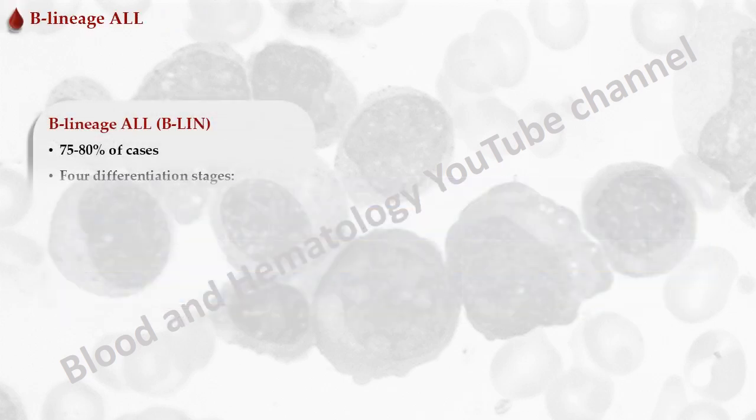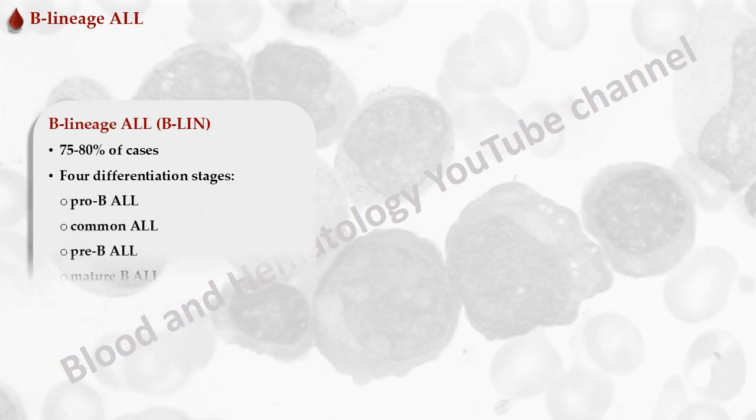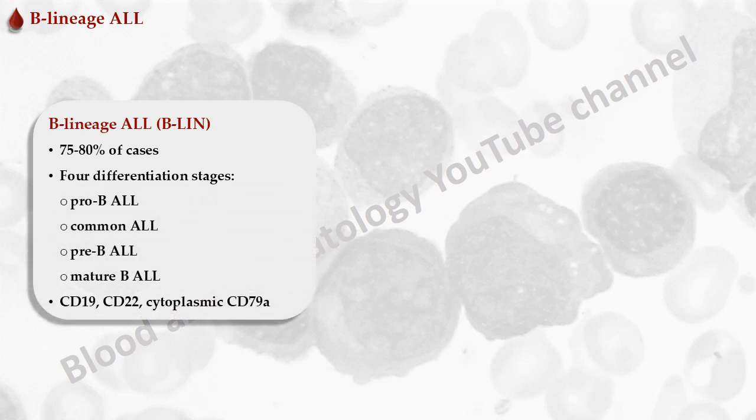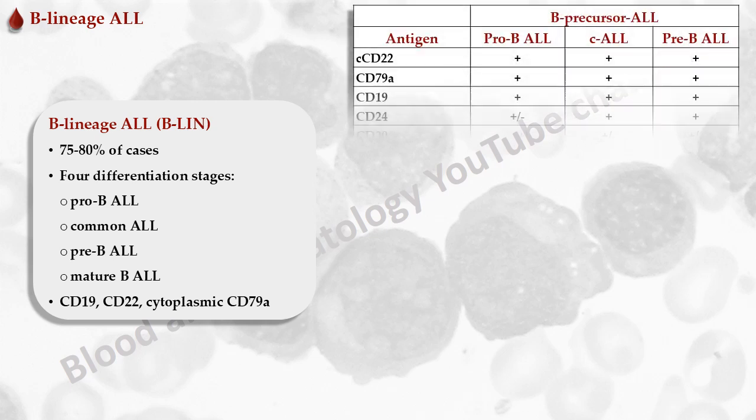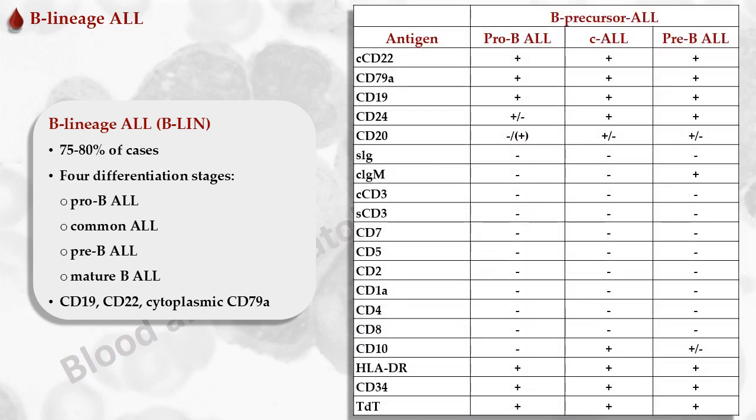B lineage ALL accounts for 75 to 80% of cases, and is defined as four differentiation stages: pro-B, common, pre-B, and mature B ALL. The crucial markers are CD19, CD22, and cytoplasmic CD79A. Classification of B precursor ALL by immunophenotype is summarized in the table.